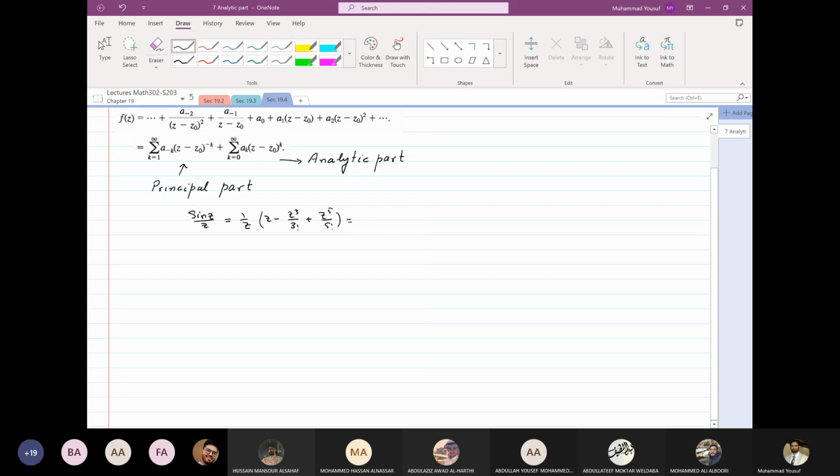And when we take this over z inside, we get 1 minus z square over 3 factorial plus z power 4 over 5 factorial. So now this singularity is gone. So this function sine z over z has a removable singularity. It has a singularity, but that is removed.